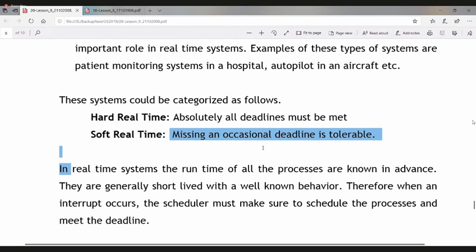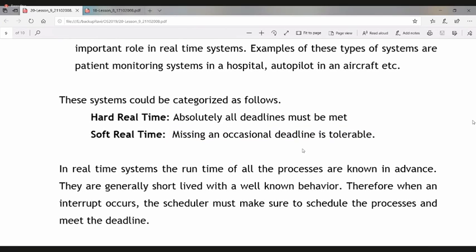That means missing an occasional deadline is tolerable. Something like I give deadlines for your assignments, so one or two students I may excuse for different reasons and give some more time to submit.